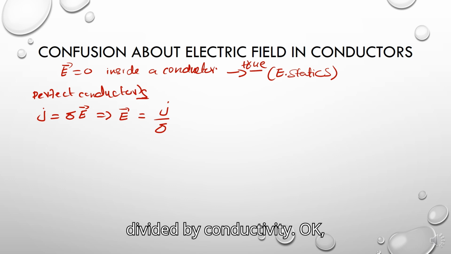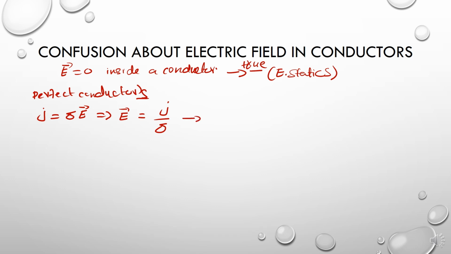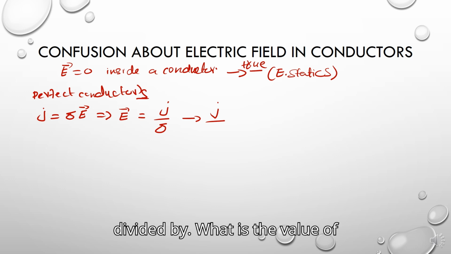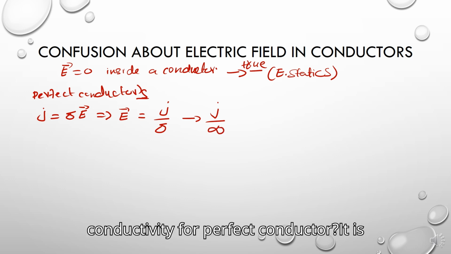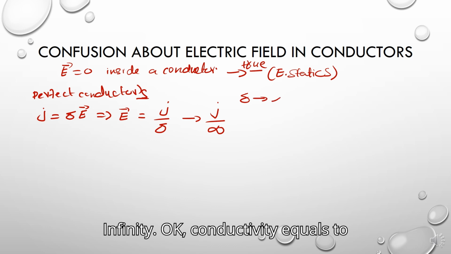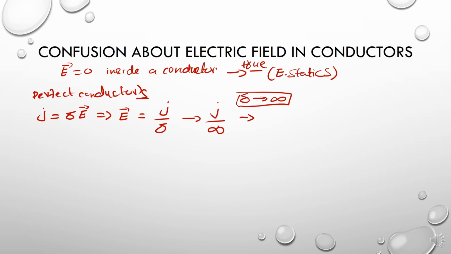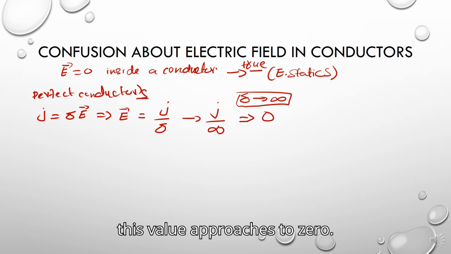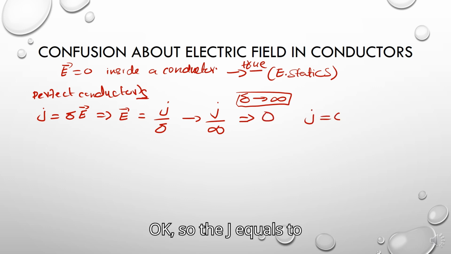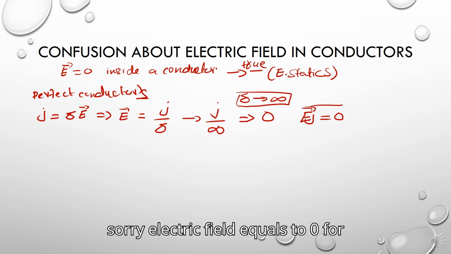Now, what is the value of conductivity for a perfect conductor? It is infinity. Conductivity equals infinity for perfect conductors. So this value approaches 0. So the electric field equals 0 for perfect conductors.